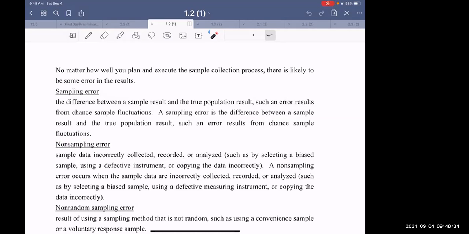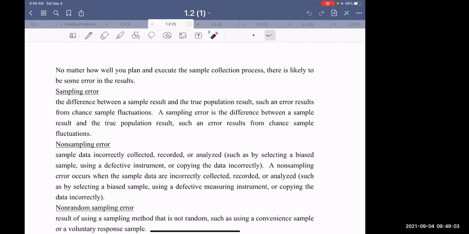You can minimize this by taking a properly large, not too large, sample. So if your sample is too small, you could have large sample fluctuations that will overwhelm your results.